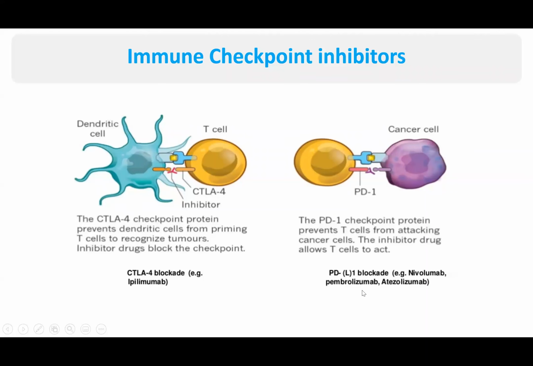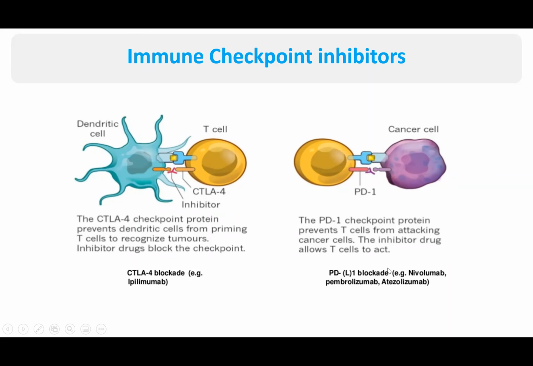Another type of immune checkpoint inhibitor: when the cancer cell interacts with the T cell, the cancer cell tends to upregulate PD-L1 on the surface of the cancer cell. And this will interact with PD-1 expressed by the T cells. This interaction will lead to exhaustion, suppression or inhibition of T cells. The PD-1, PD-L1 pathway is inhibitory to the activity of the T cell.